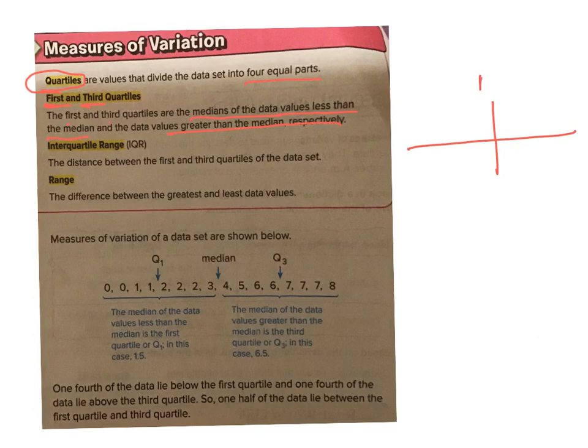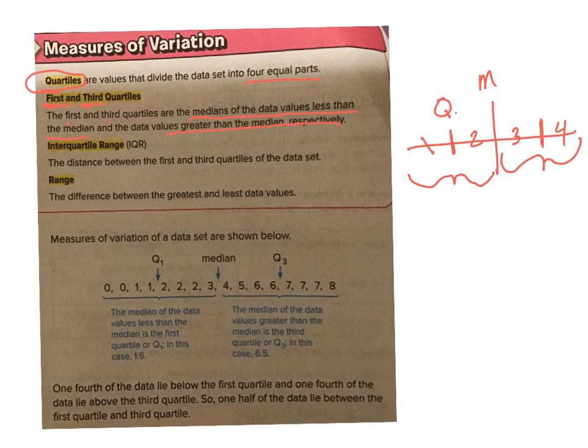Okay, that I'll say is the median. Then I want to find the middle of this section, would be right there, and the middle of this section, which would be right here. So we have 1 part, 2 parts, 3 parts, 4 parts.